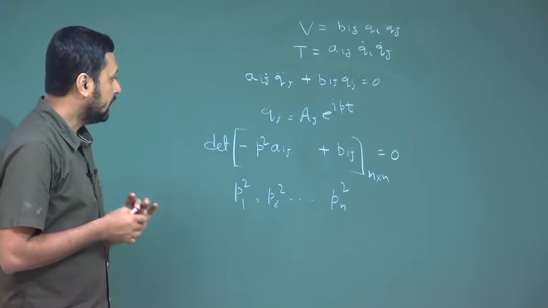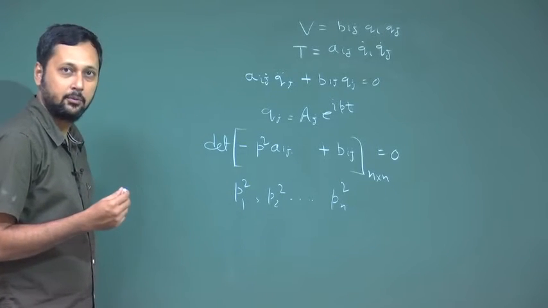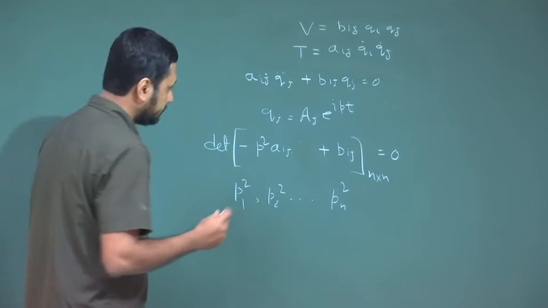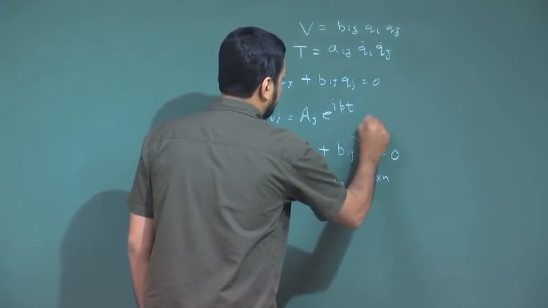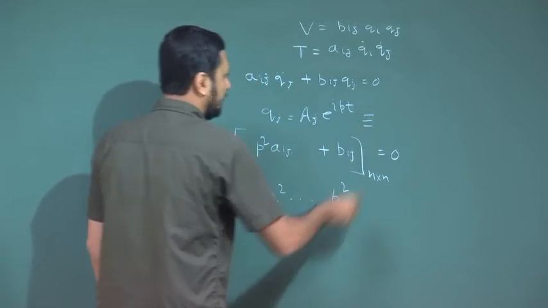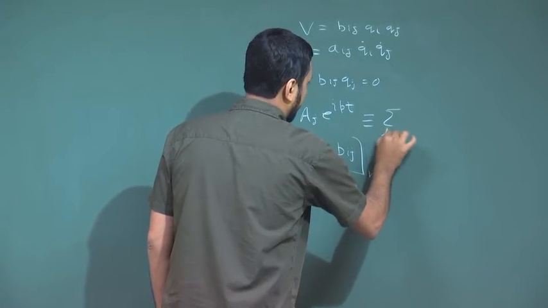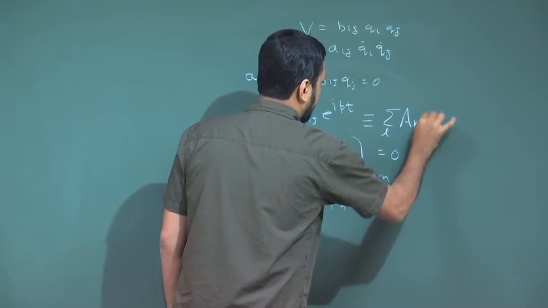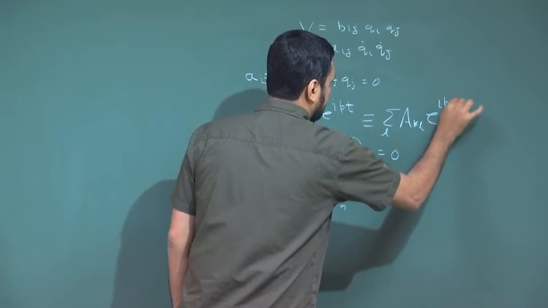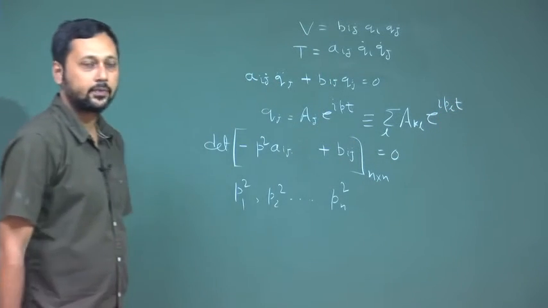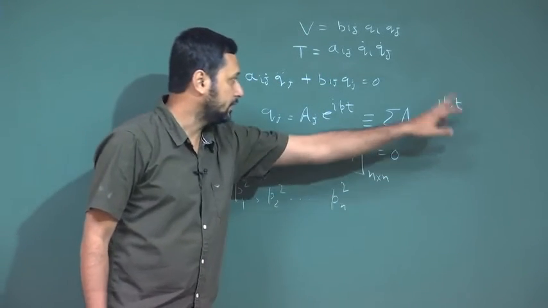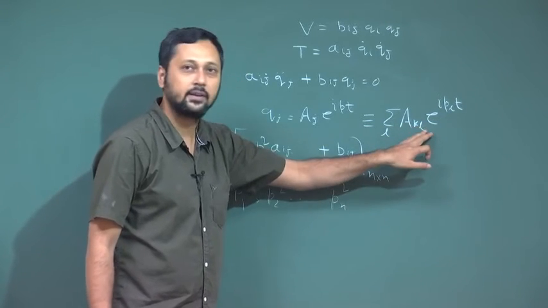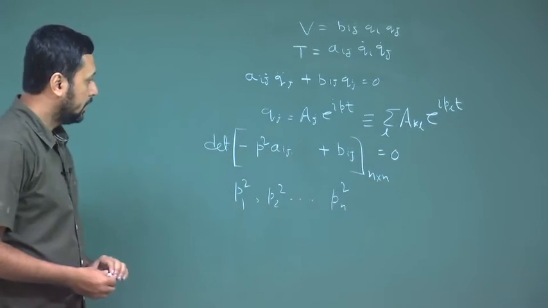So we introduced a second index and wrote the most general solution as a sum over l of A_kl e to the power i p_l t. I guess you understand why we need two indices and why it is justified.